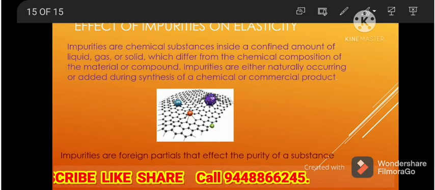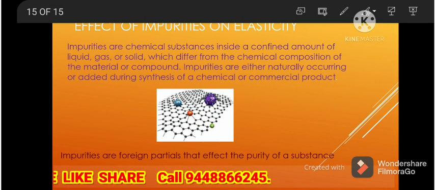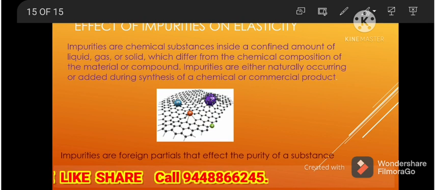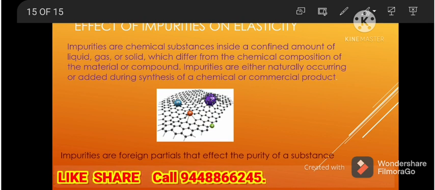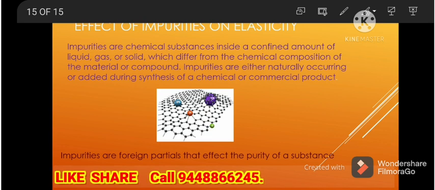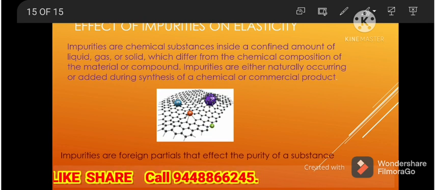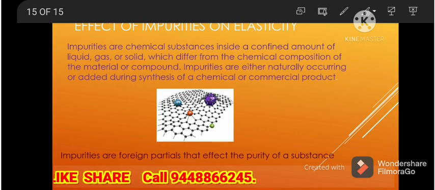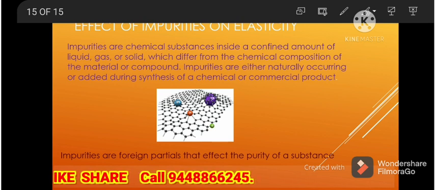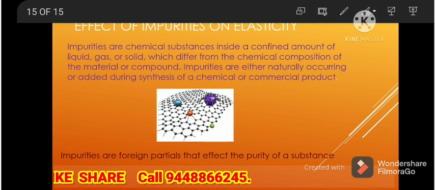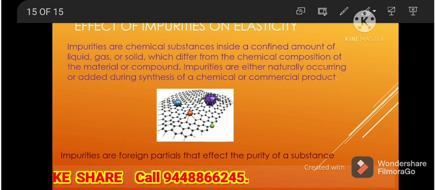Finally, what happens? Heating is one process by which you can change the properties. We can also take some impurities and add them. By adding these impurities, the material properties are manipulated, changed and modified.